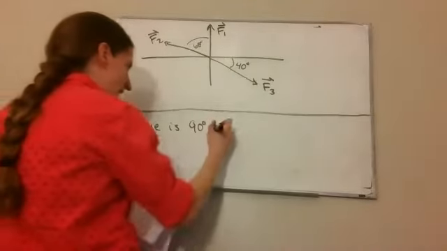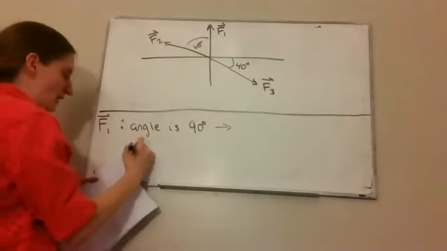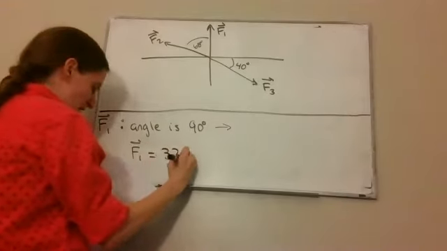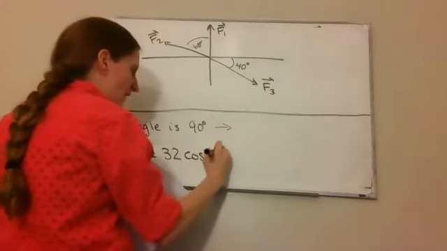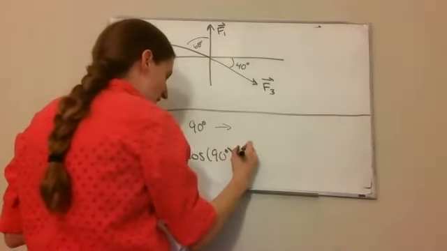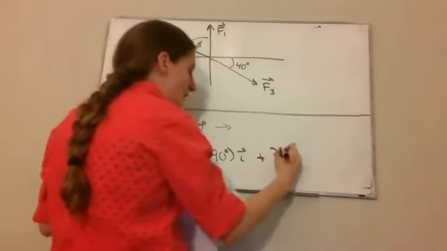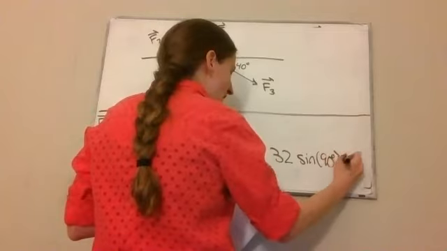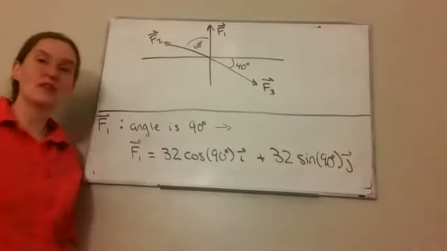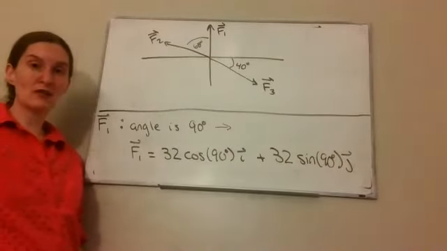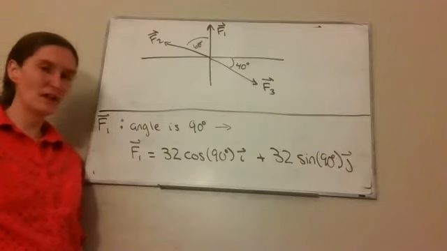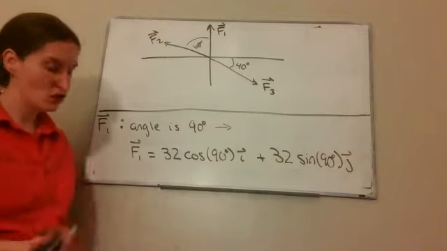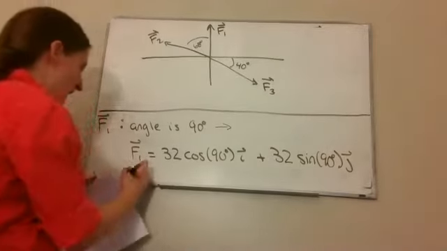So that means that F1 is equal to its magnitude times cosine of the angle times i, plus the magnitude times sine of the angle times j. That's just using the formula that a vector is equal to its magnitude times cosine of theta i plus magnitude times sine of theta j. So now I can simplify this.